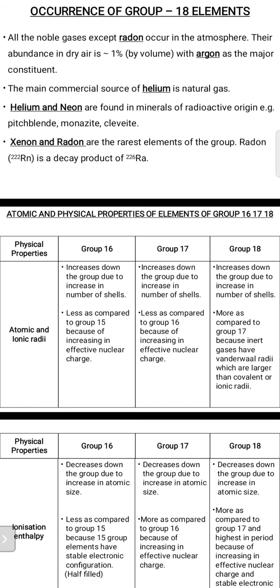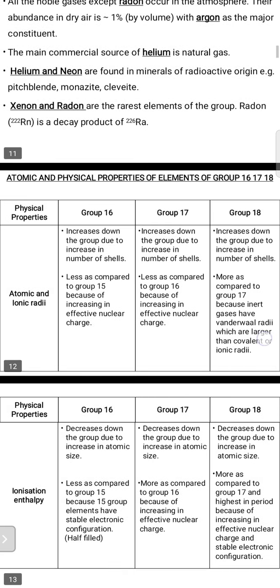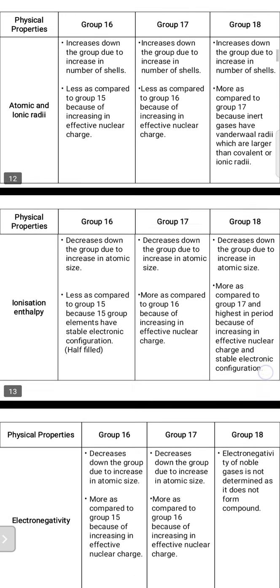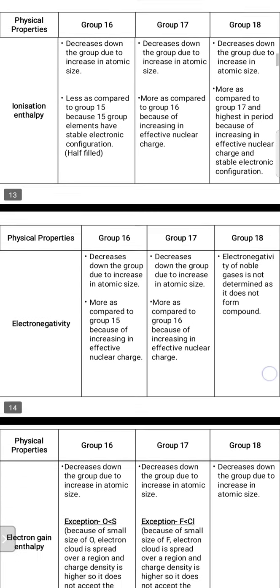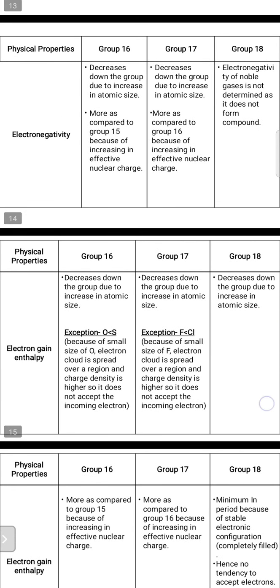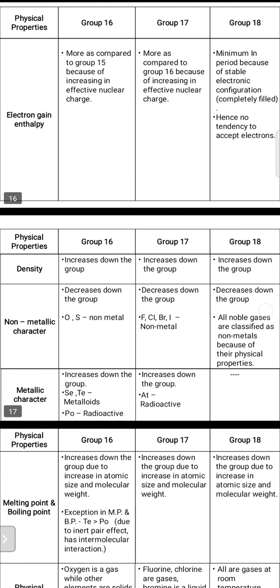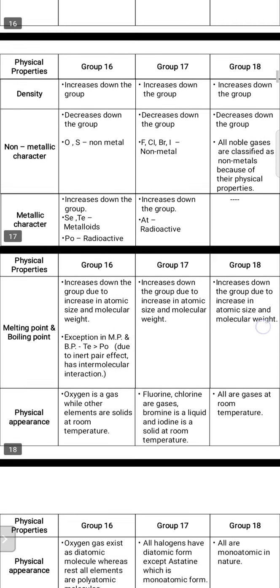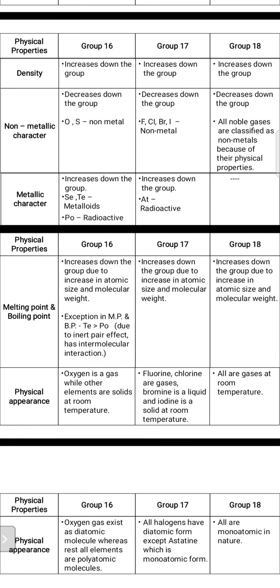The physical properties like atomic and ionic radii we have discussed, ionization enthalpy, electronegativity, electron gain enthalpy, electron density, non-metallic character, later on metallic character, melting point, boiling point, and physical appearance.